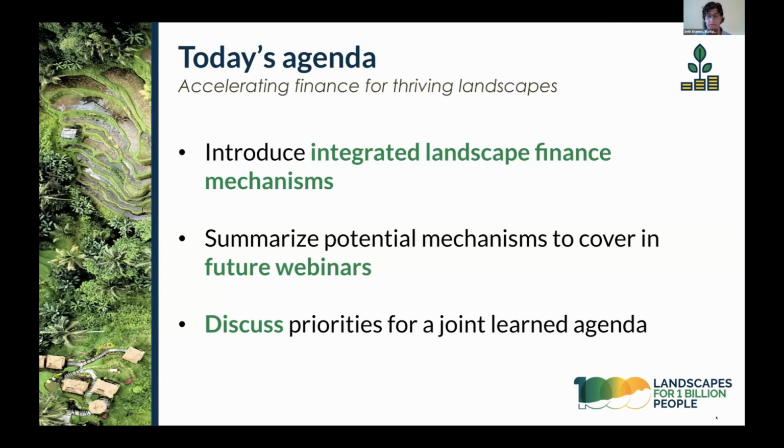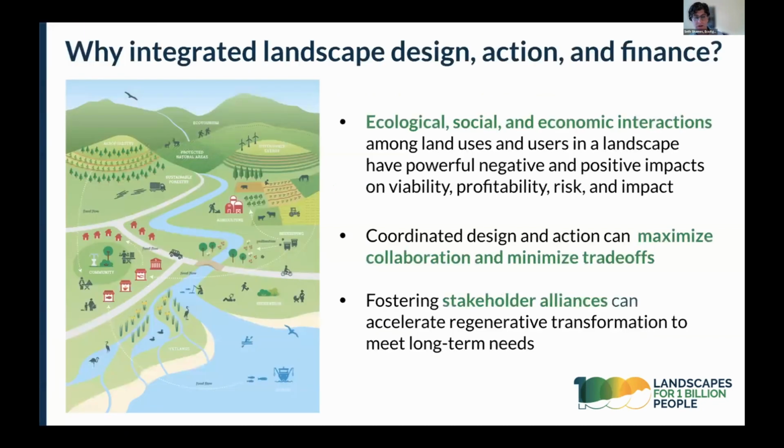Okay, so next slide. All right, so the central idea of our work at 1,000 Landscapes is that to shift a trajectory of degradation to one of regeneration requires moving beyond small, short-term, sectorally siloed projects to embrace whole landscape strategies for development.